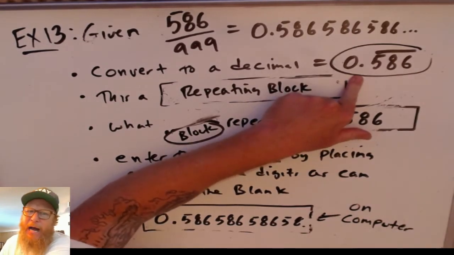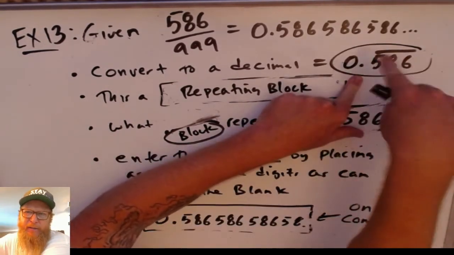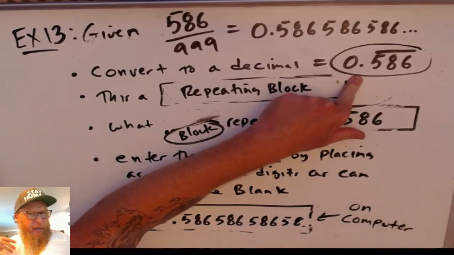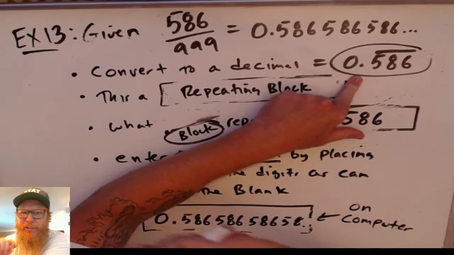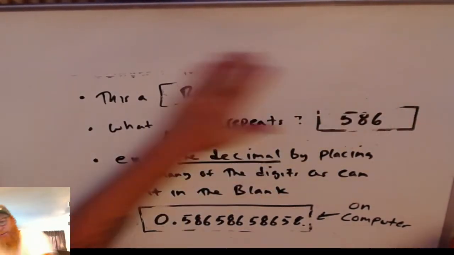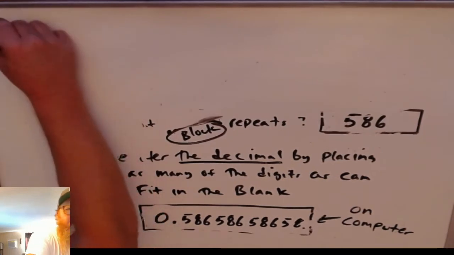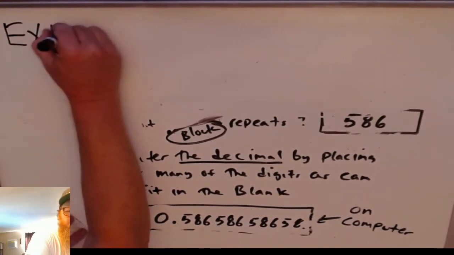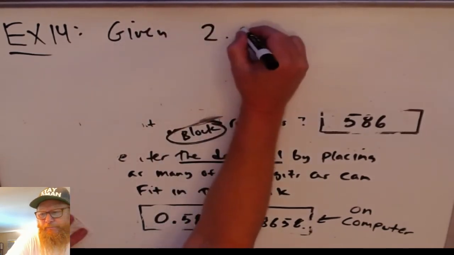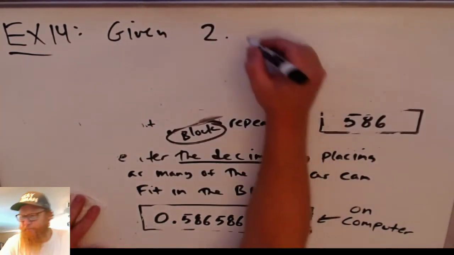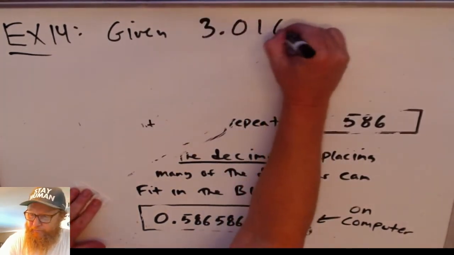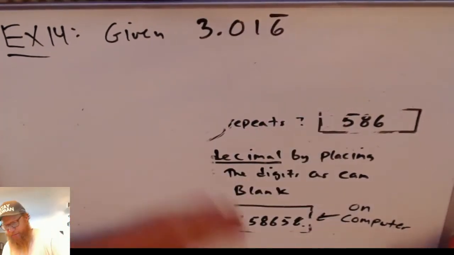Because it turns out I can give you a question that has the bar above it. I can do that. It allows me to put the bar. It just doesn't allow you to put the bar. So in the next few examples, I want to go the other way. I want you to take a repeating decimal, something like that.